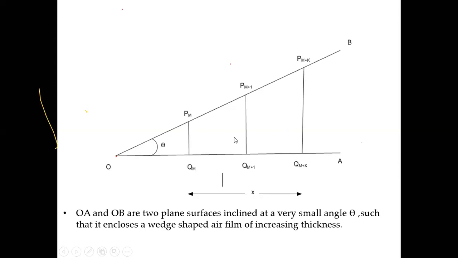These thicknesses at points M, M plus 1, M plus K be represented as PM, QM, PM plus 1, QM plus 1, PM plus K, and QM plus K. So the vertical lines between PM and QM, PM plus 1 and QM plus 1, PM plus K and QM plus K give the thickness of the air films at the respective places.